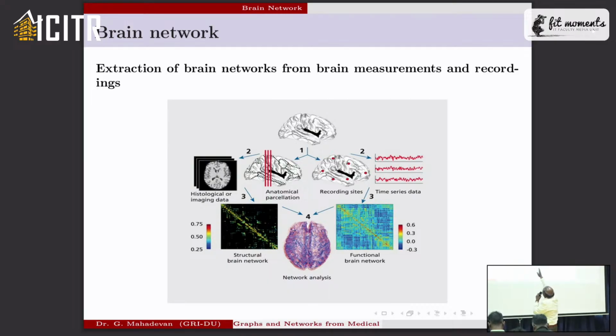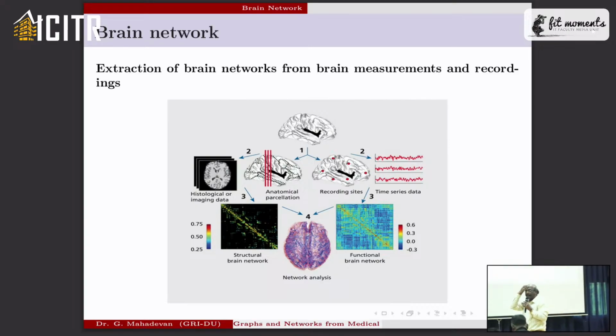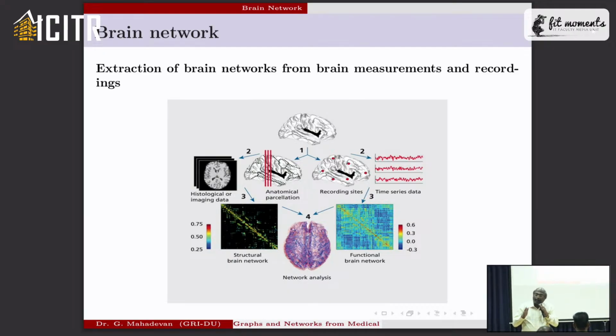Here, again by histological or imaging data, anatomical parcellation, recording sites, time series data, network analysis, functional network, structural network, like that. So your human brain can be bifurcated, trifurcated, decomposed into many things depending upon the situation. Right?